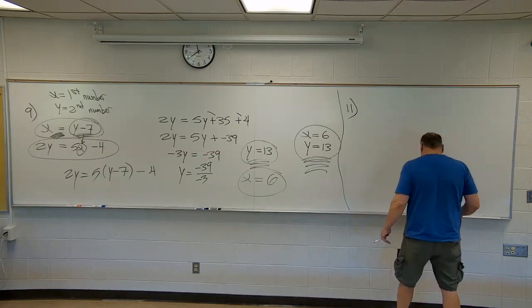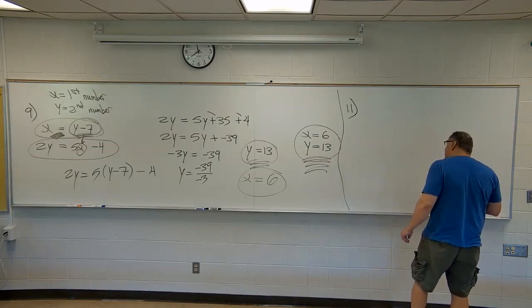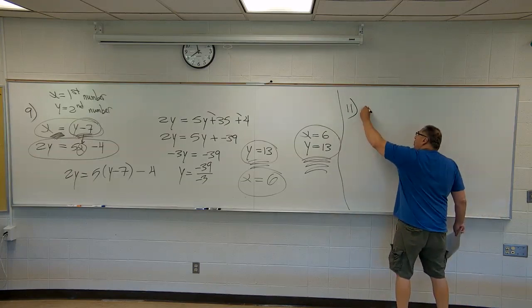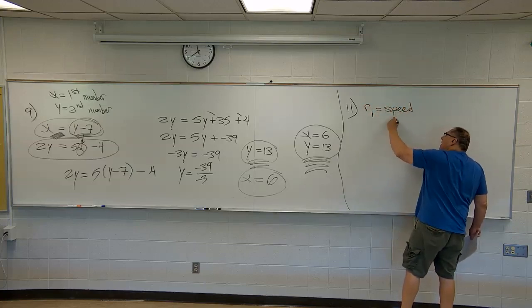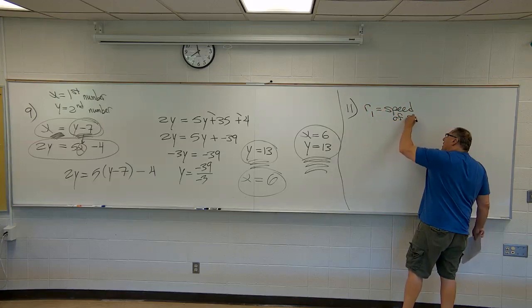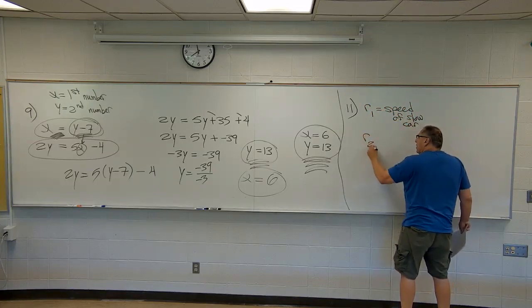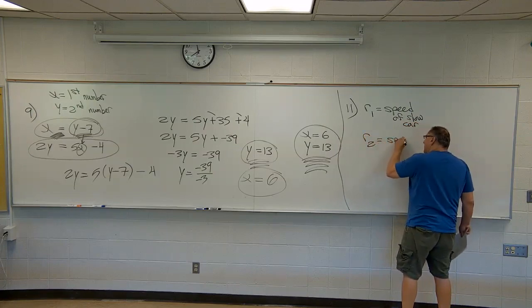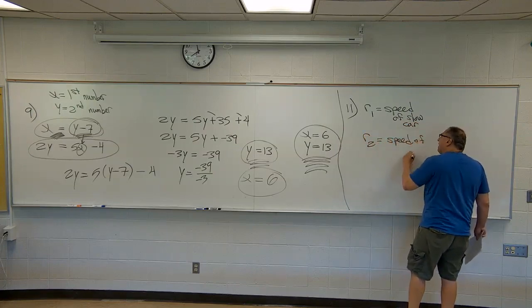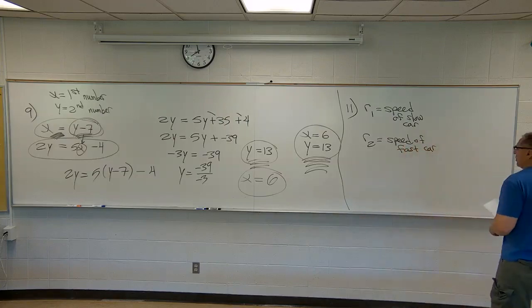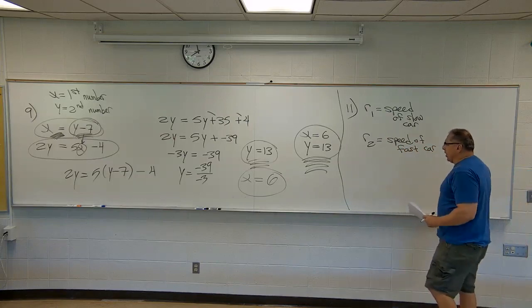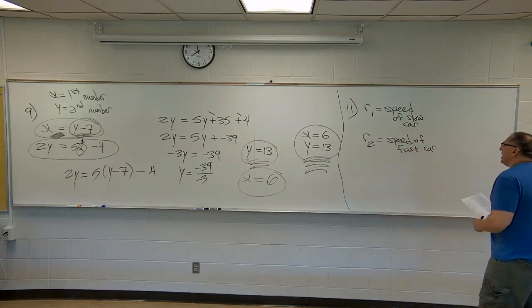I'd like to say that R1 equals speed of slow car. R2 equals speed of fast car. They take off at the same time, going in the same direction. They're going at a constant speed. No acceleration here in this instance.